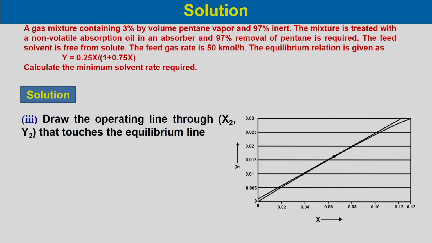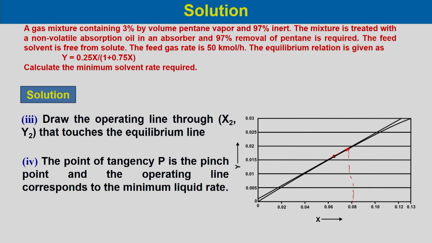Now, draw the operating line from X2, Y2 that touches the equilibrium line. It touches somewhere here, not at this point, but at this point. The point of tangency P is the pinch point, and the operating line corresponds to the minimum liquid rate.